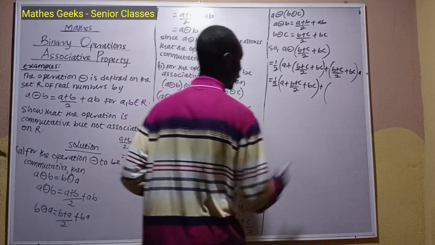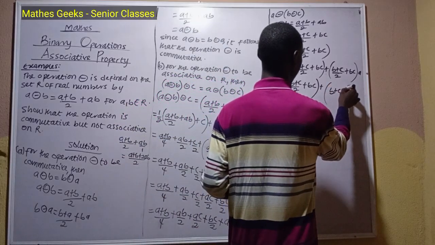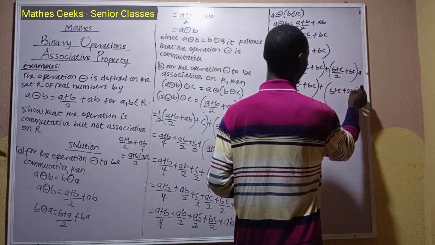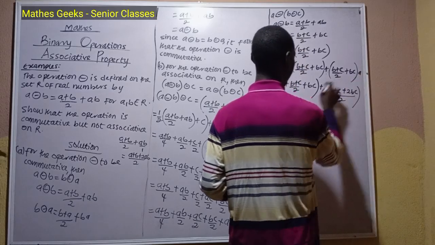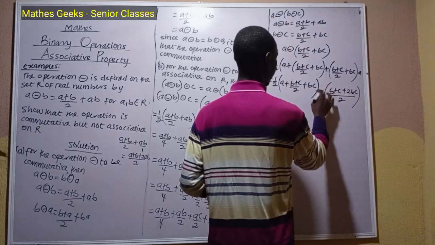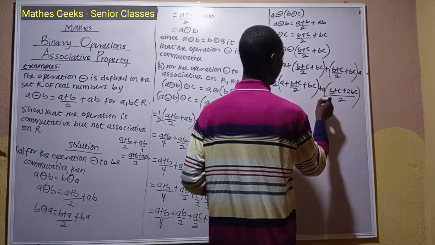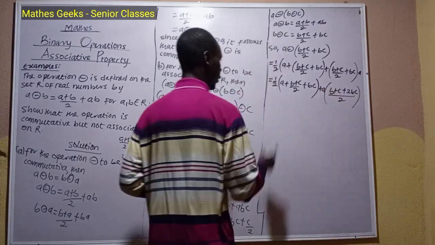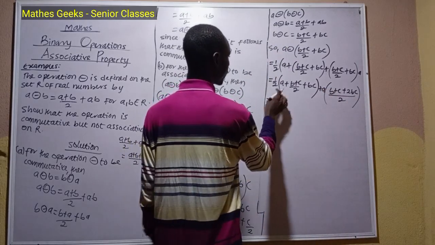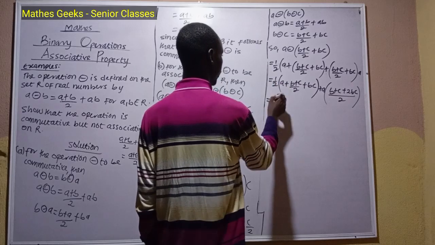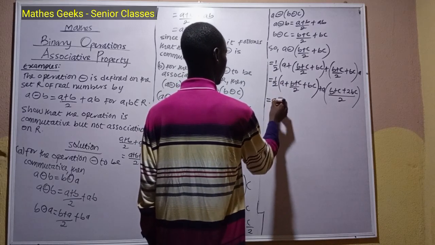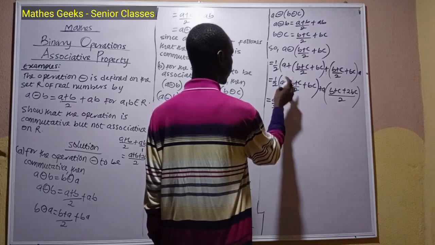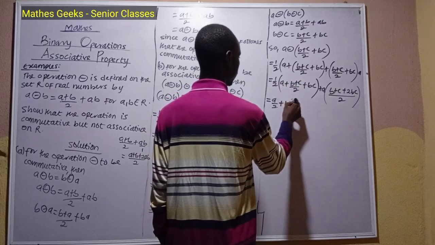We simplify that part, that will give us B plus C plus 2BC over 2 all multiplied. I'll bring this A here because I can have space here now. Plus A. So A is multiplying everything inside this bracket. So 1 over 2 times A will give me A over 2 plus B plus C.